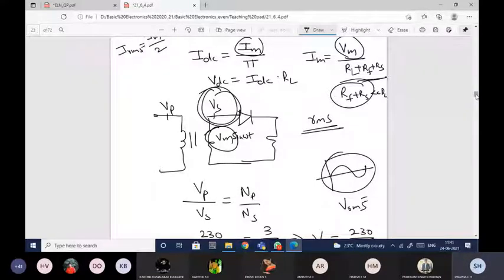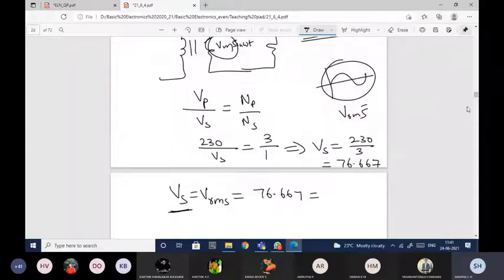From that RMS value, I need to find Vm. So what is the relationship between Vrms and Vm for a sinusoidal signal? What is the RMS value of this sinusoidal signal? Have you understood my question?